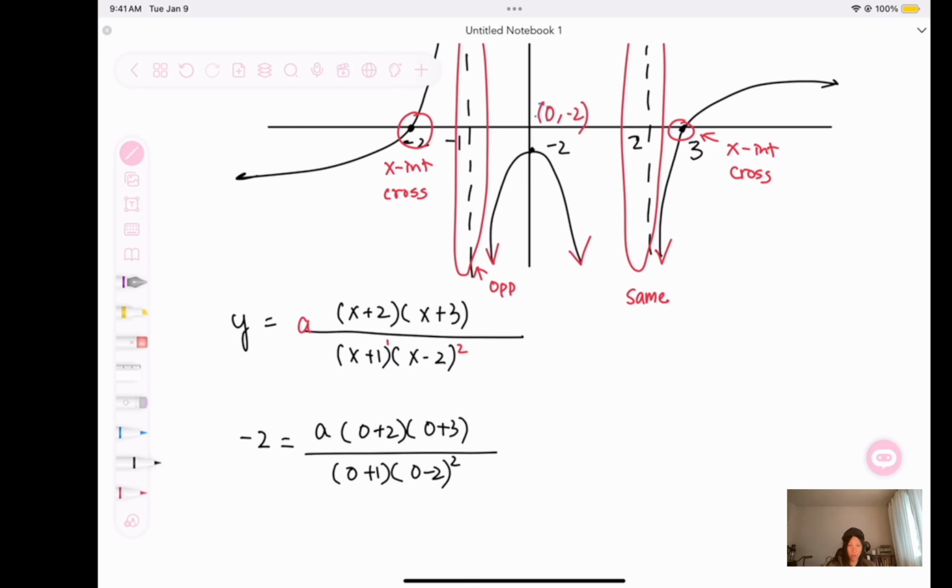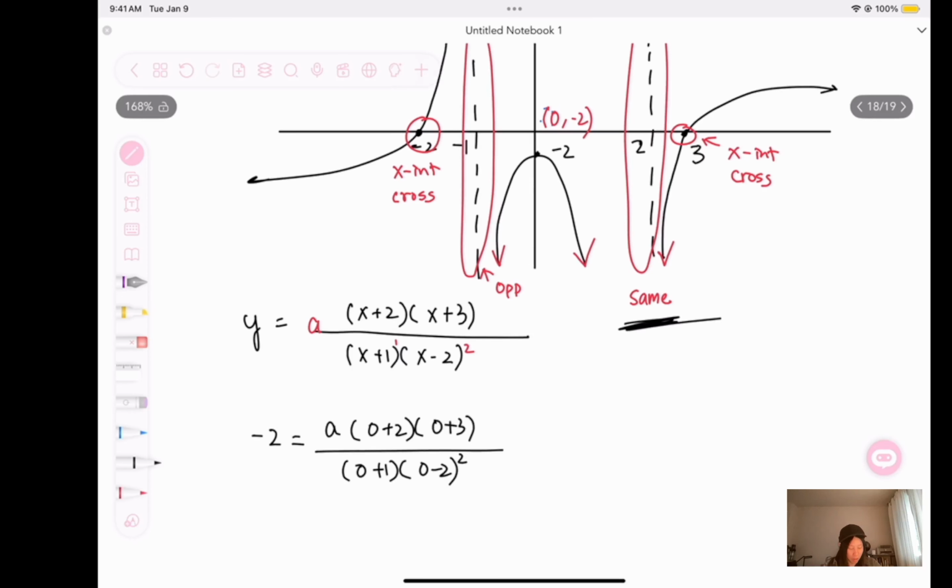Don't forget the square, because the behavior here goes in the same direction. Simplify it: a times 6 over 4, so 3a over 2 is equal to -2, which means a is 4 over 3.